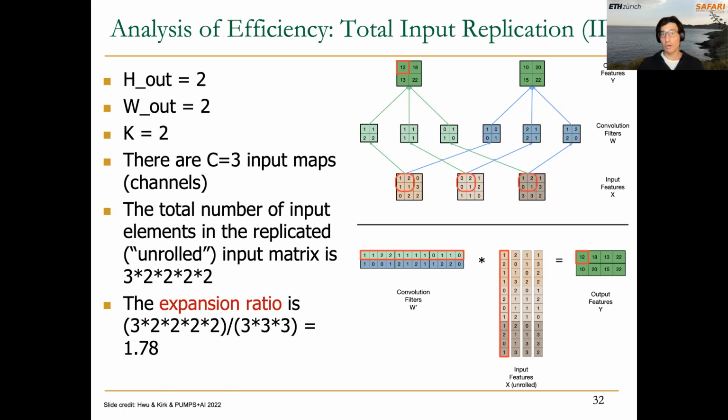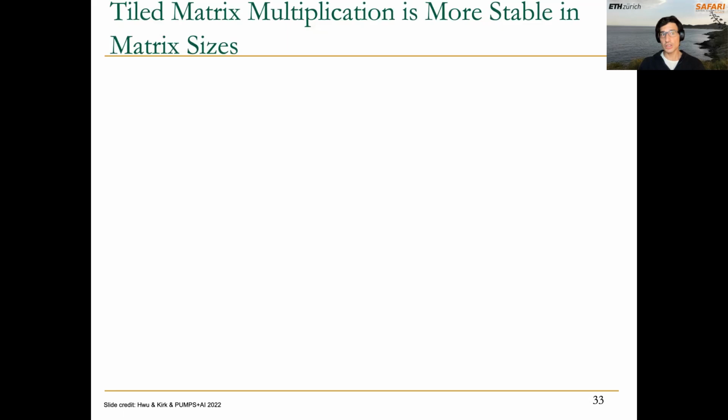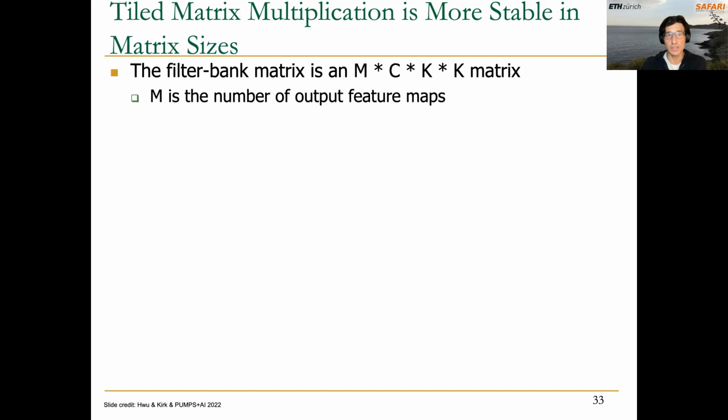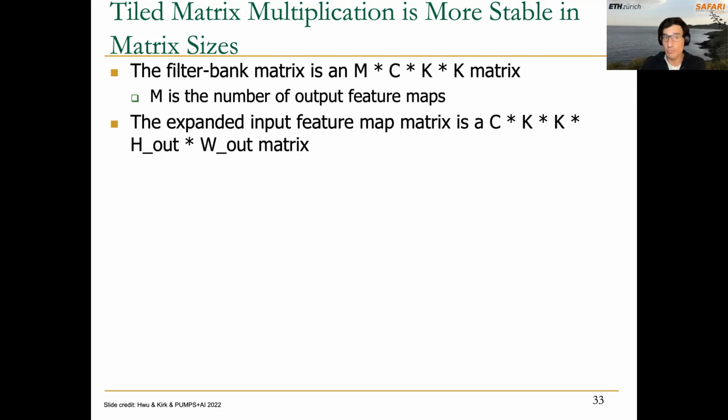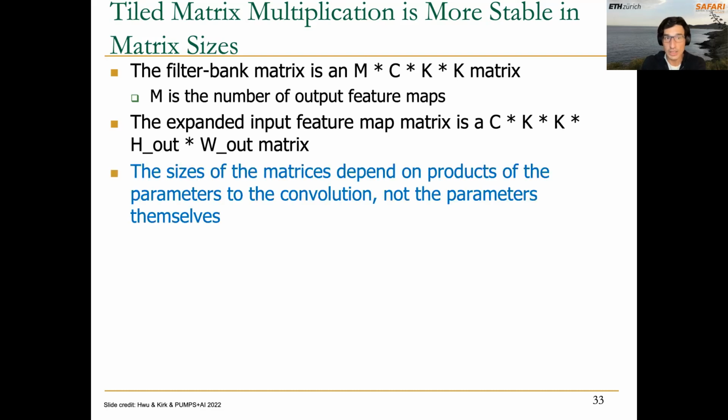This is a drawback, but there are advantages from doing this. Tiled matrix multiplication is more stable in matrix sizes. For example, the filter bank matrix is an M times C times K times K matrix, where M is the number of output feature maps, and the expanded input feature matrix is a C by K by K by H out by W out matrix. So the sizes of the matrices depend on the product of the parameters of the convolution and not the parameters themselves.